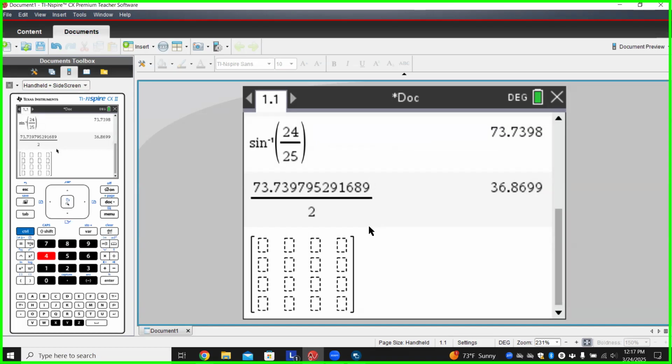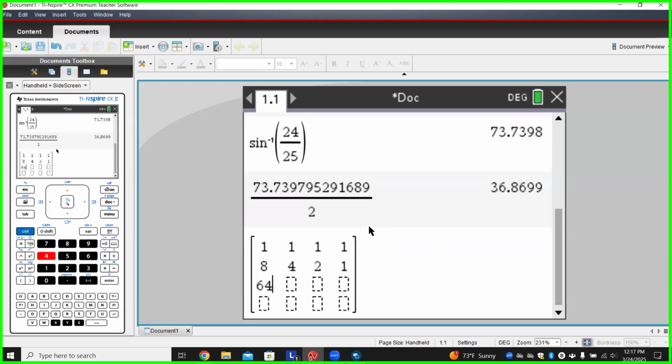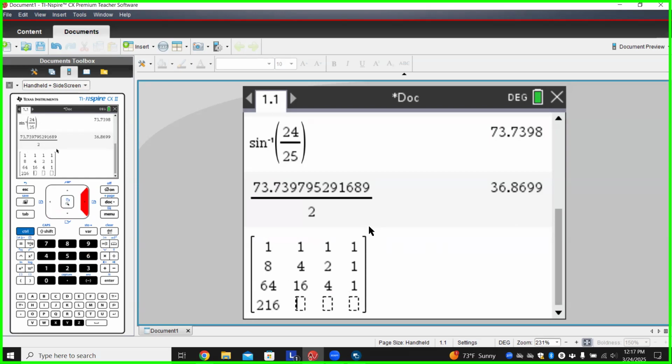Then all you have to do at this point is type in all of those numbers. So again, that was 1, 1, 1, 1, 8, 4, 2, 1, 64, 16, 4, 1. Better than doing it by hand. 216, 36, 6, 1.